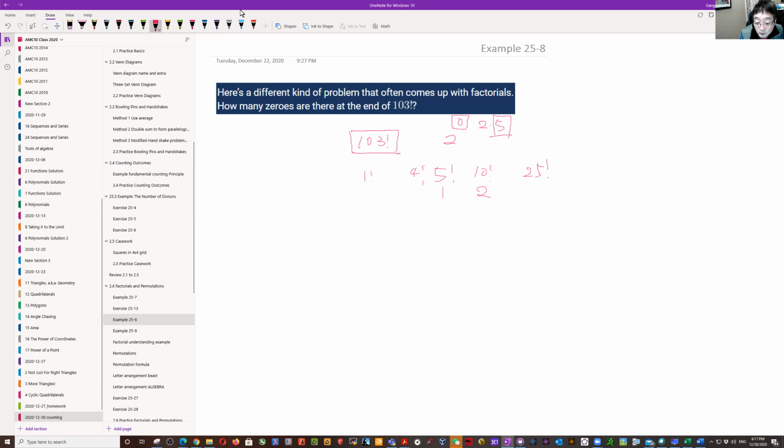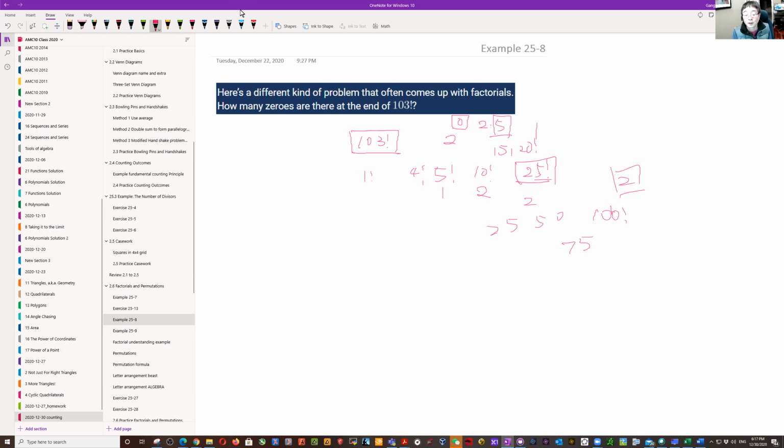Basically, 5, 15, and 20 all just produce 1, and only at 25 will you produce 2 factors of 5. Then all the way to 100 factorial, only 25, 50, 75, and 100 will produce 2 factors of 5.